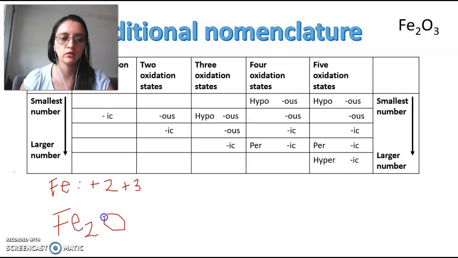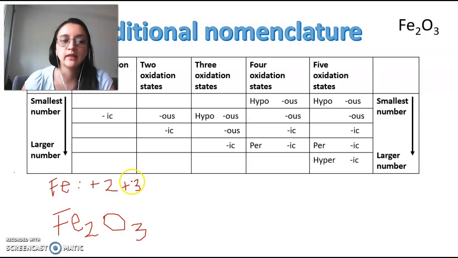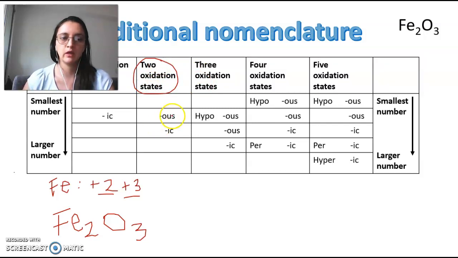Iron 2, oxygen 3. Okay, and then as the element has 2 oxidation states, I'm going to my table and I look for the column with 2 oxidation states. So there are 2 possibilities.